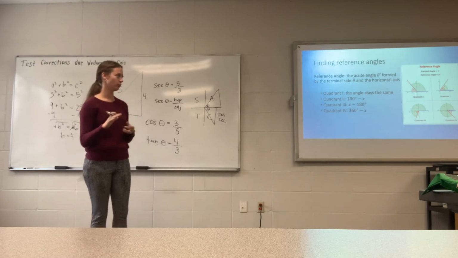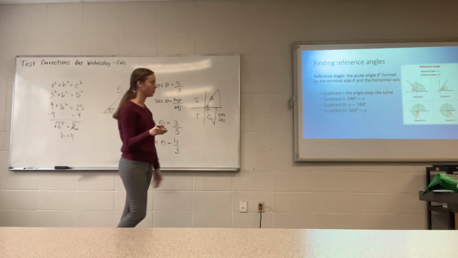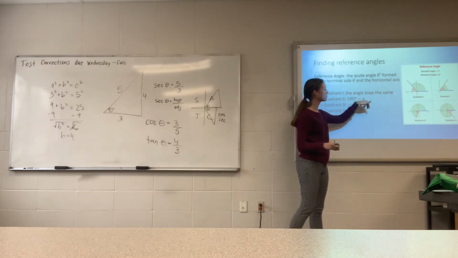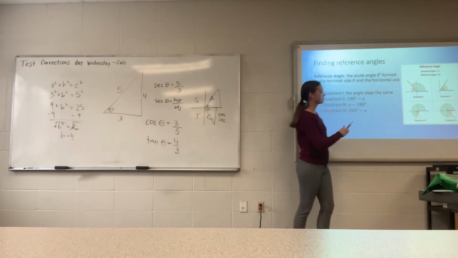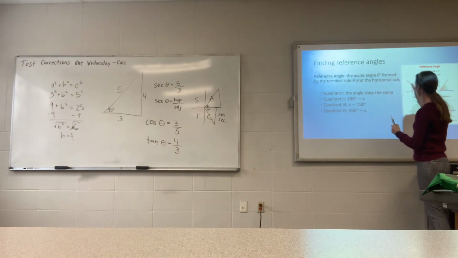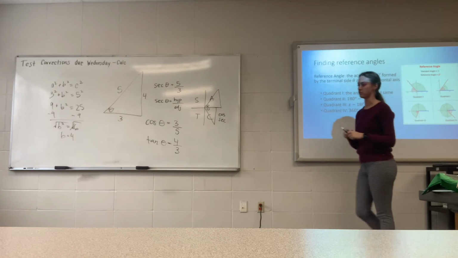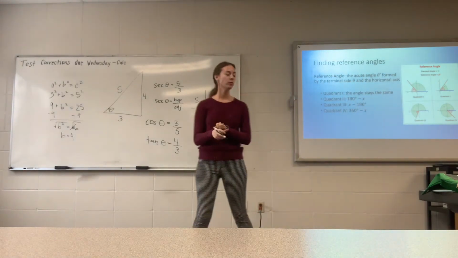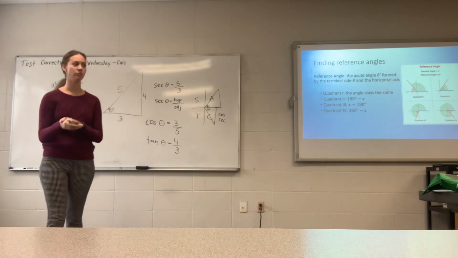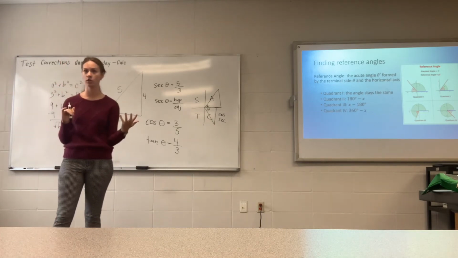Whatever the angle is is also the reference angle. In quadrant 2, you take 180 degrees and subtract your angle. Because 180 degrees is here, if I subtract out this angle, that leaves me with my reference angle, okay? And remember, we could also be using pi instead of 180 degrees, depending on whether you start in radians or degrees.